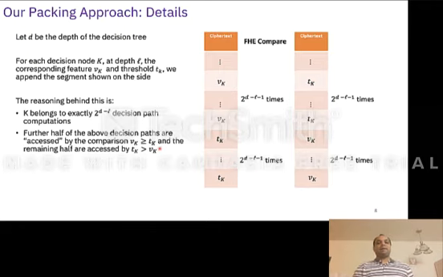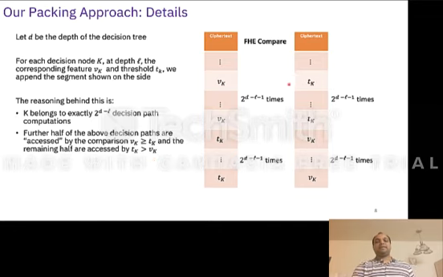And the reasoning behind this is quite simple. So we observe that the node k belongs to exactly 2 power D minus L decision path computations. And half of the above decision paths are accessed by the comparison Vk greater than or equal to Tk, and the remaining perform the computation Tk greater than Vk.